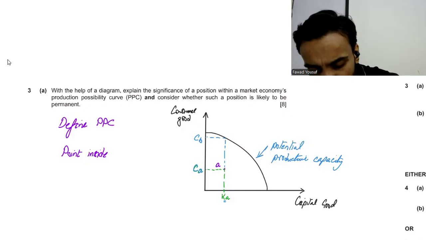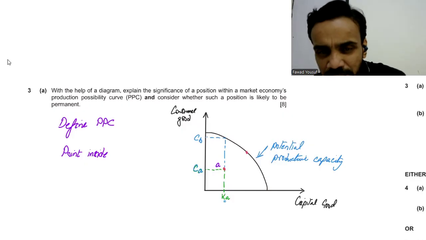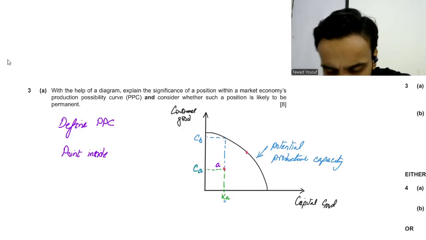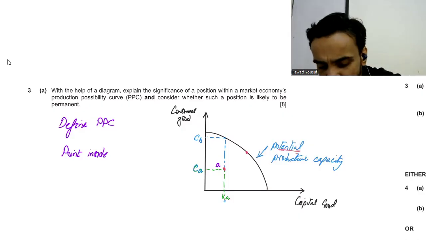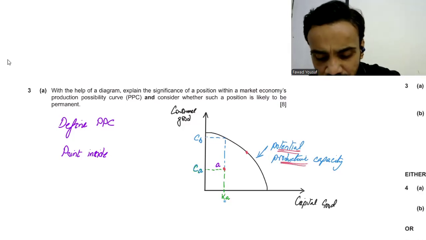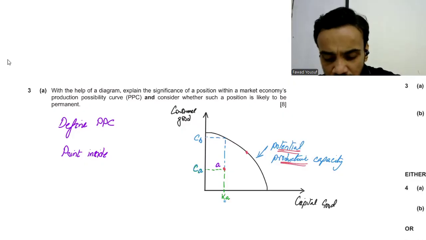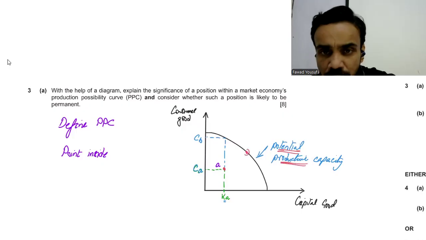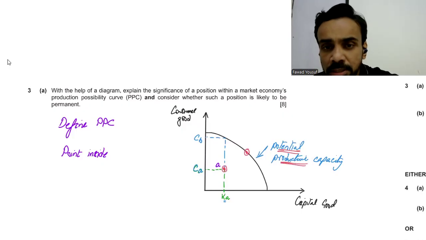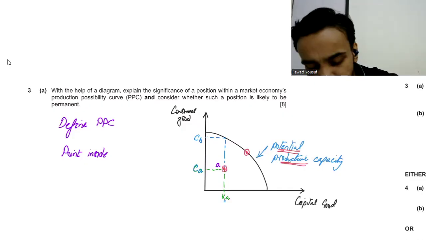Kyunki if your economy is here and your potential is out there, what it means is, you know how at PTM teachers and parents discuss that, oh, the kid has potential, but actually they're just doing nalaiki and not studying enough and they're below potential. That's what it means. With the given resources, you can produce up until here, but you're choosing not to do that. That means there is idle capacity.